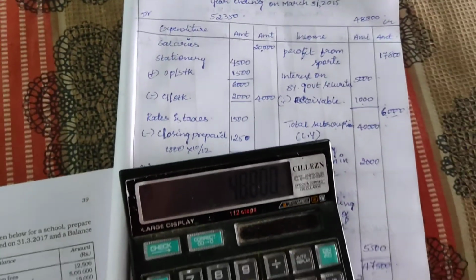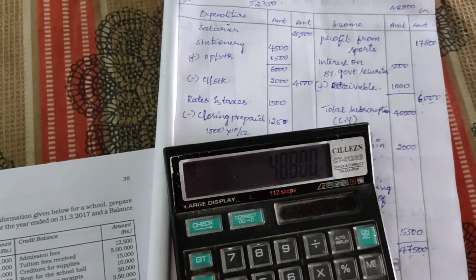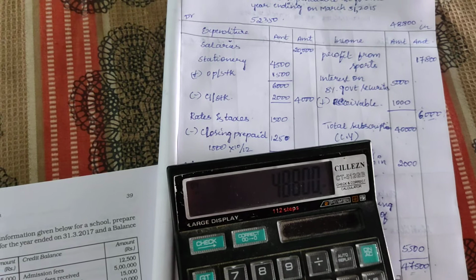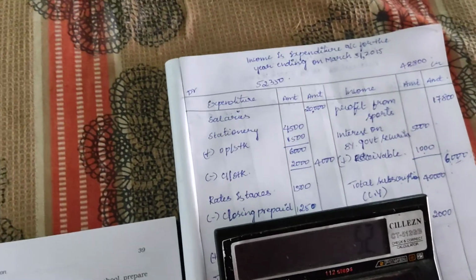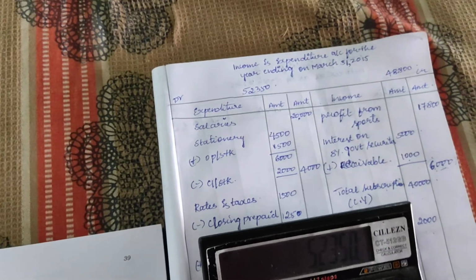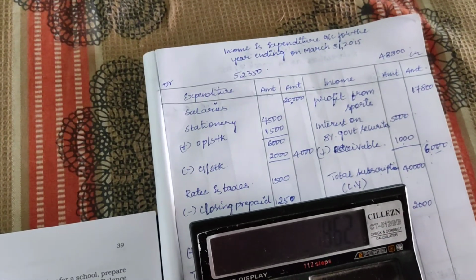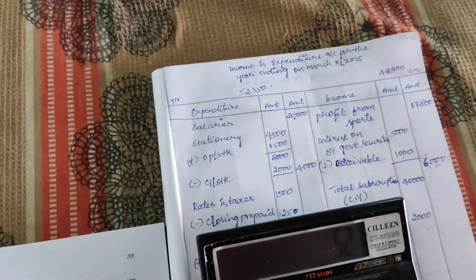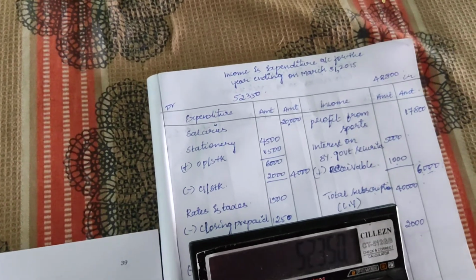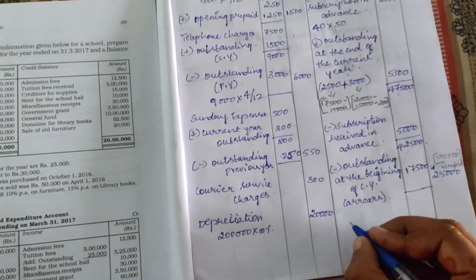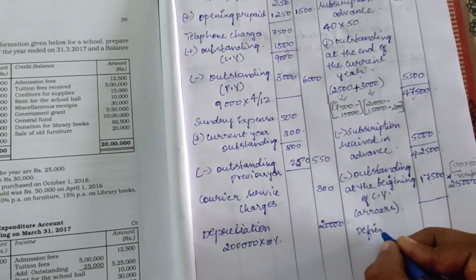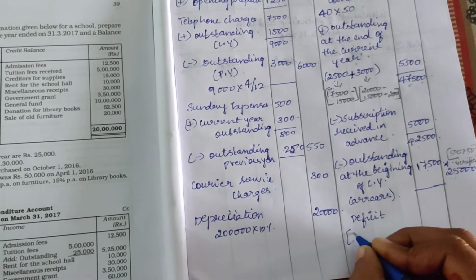So this time we have a deficit, that is, excess of expenditure we have than the income. So let us minus 52,350 minus 48,800 comes to 3,550. So it is a deficit amount. What is deficit?